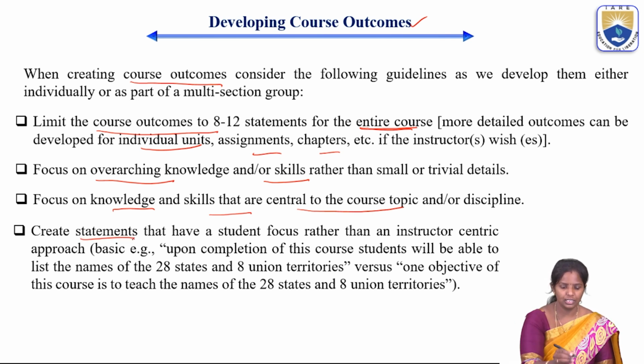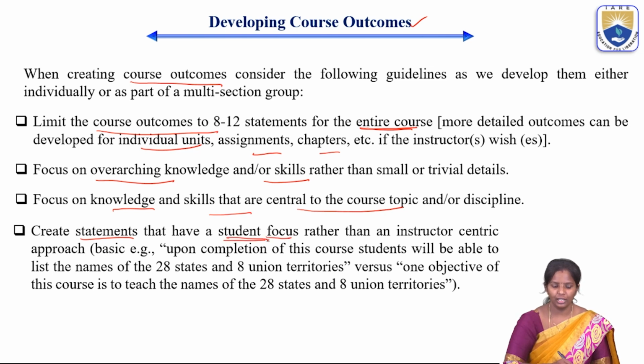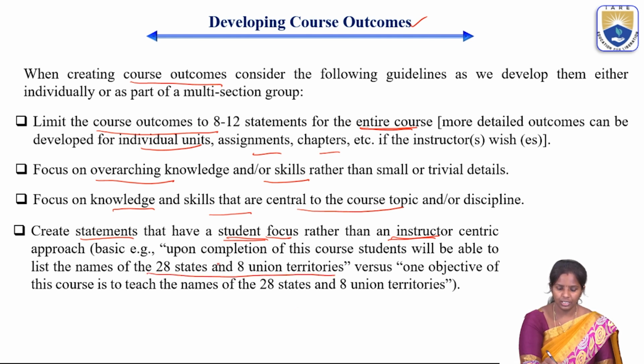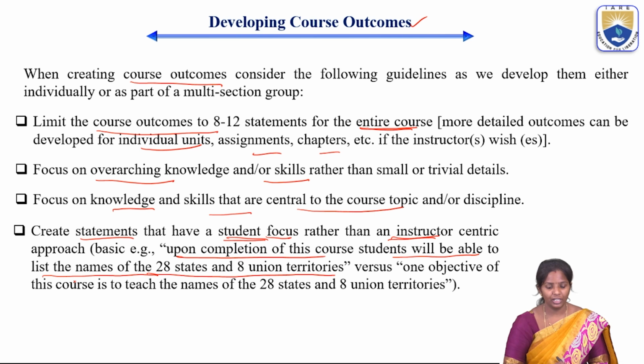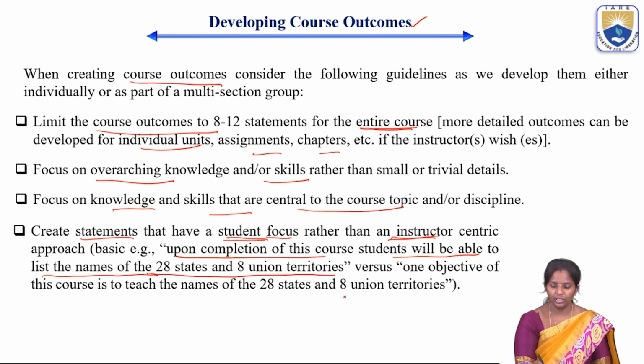So create statements that have student focus. We have to create statements such that they are focused on the student rather than instructor or teacher centric. So this is some of the sentence. For example, upon completion of this course, students will be able to list the names of 28 states and 8 union territories.